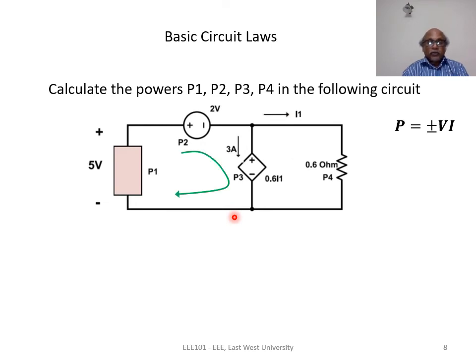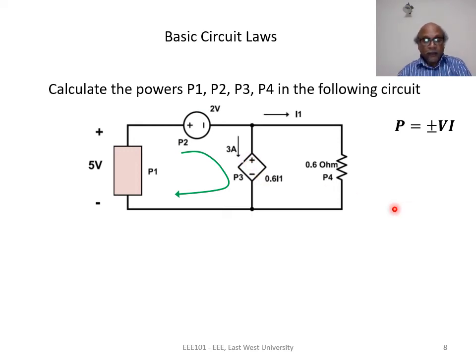If we look at this loop, there are three voltages: 5 volt, 2 volt, and the voltage of the dependent source, which is 0.6 I1. Remember, the 0.6 I1 is not a current, it is a voltage. Out of these three voltages, values of two are known, only one is unknown.